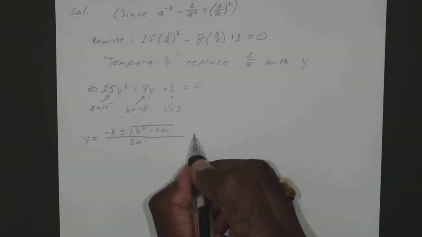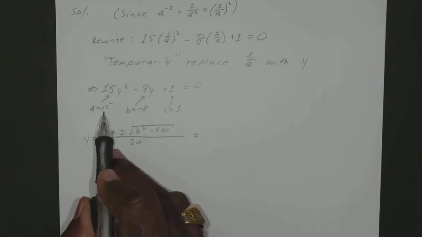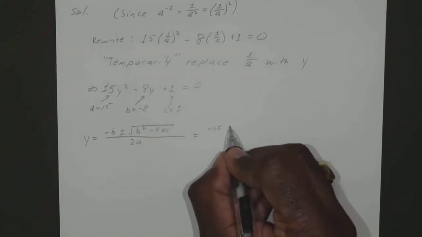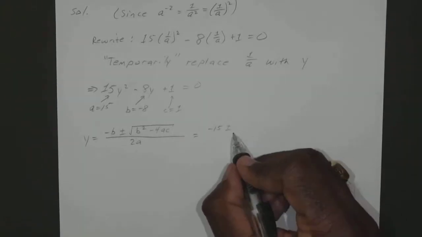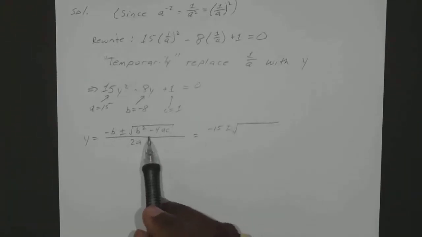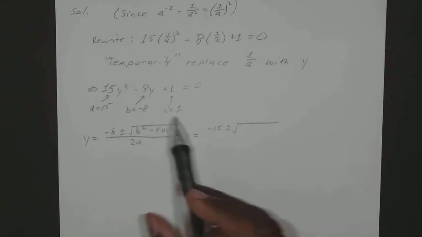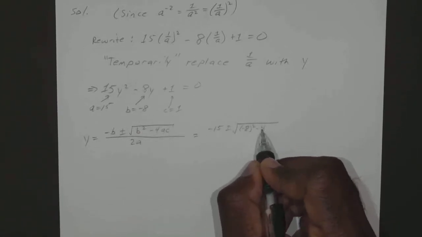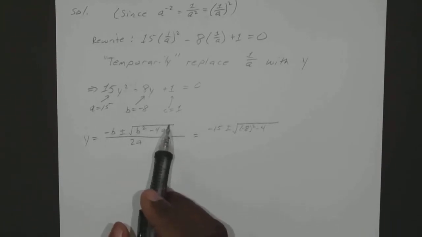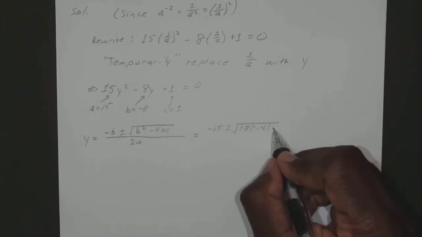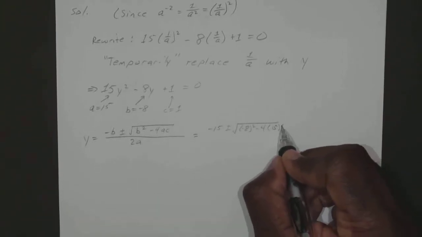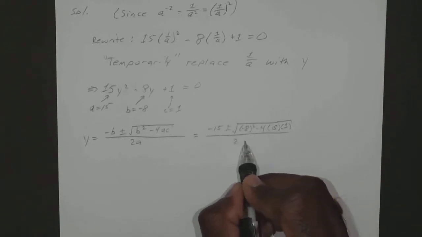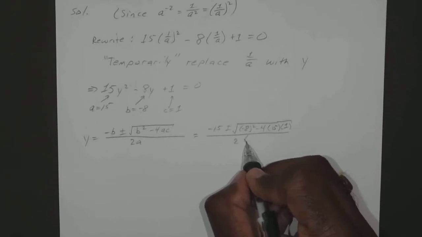Which is equal to our -b is -15 plus or minus the square root of b squared, which is -8 squared, minus 4 times a times c, which is times 15, times 1, all over 2a, which is 2 times 15.